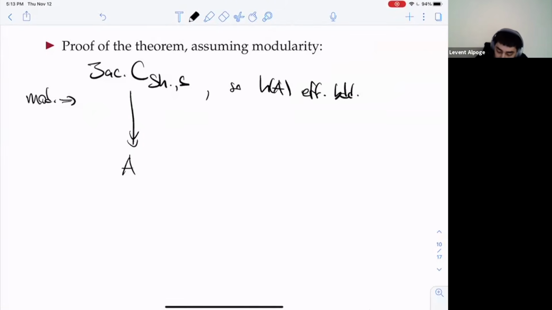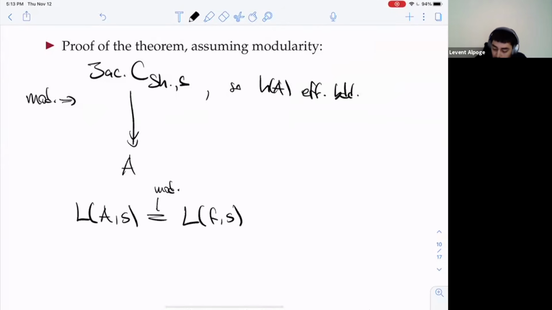Okay, so here, this L-function thing. Modularity only tells you a priori an equality of L-functions. Because A is of GL2 type, A admits a degree 2 L-function. So it admits a Galois representation valued in GL2.